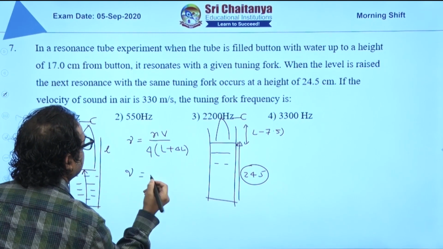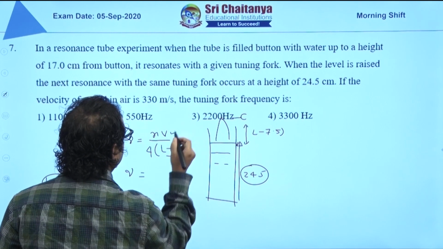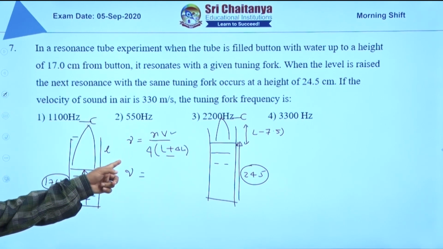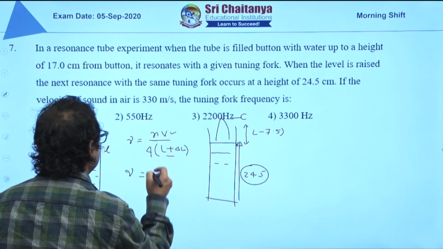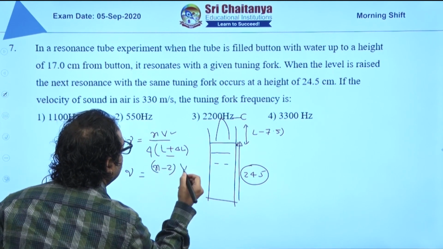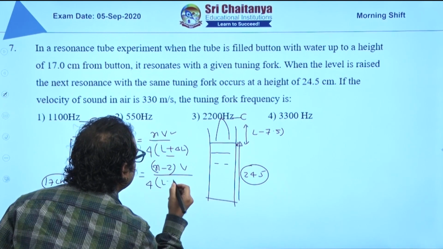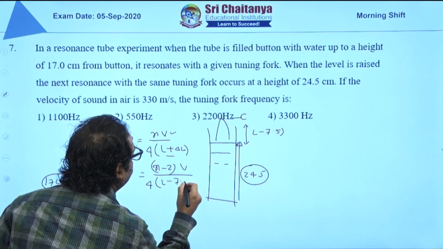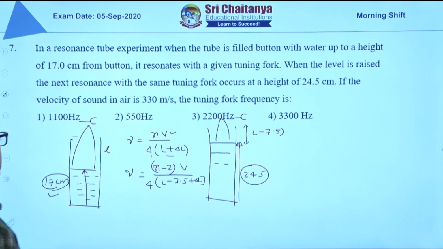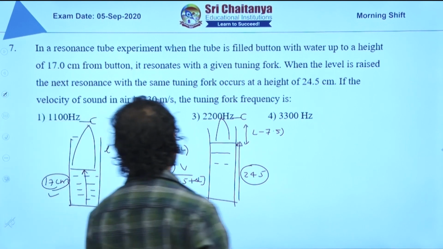So, now again we are using the same tuning fork. So, as this length is decreasing, this frequency will be decreasing, and we know that we will be having all odd multiples. So, we will write here it is n minus 2 into V divided by 4 into L minus 7.5 plus delta L, right. So, you can write it here now.